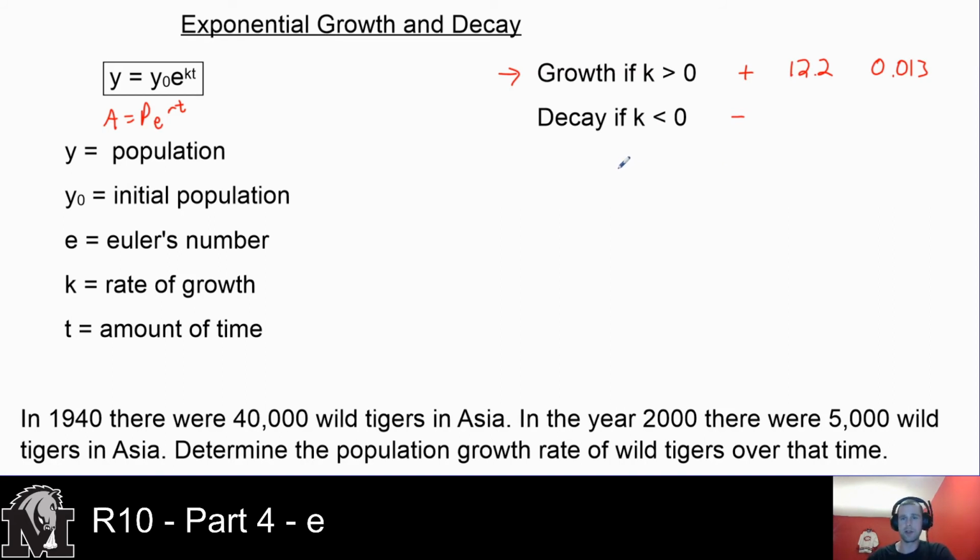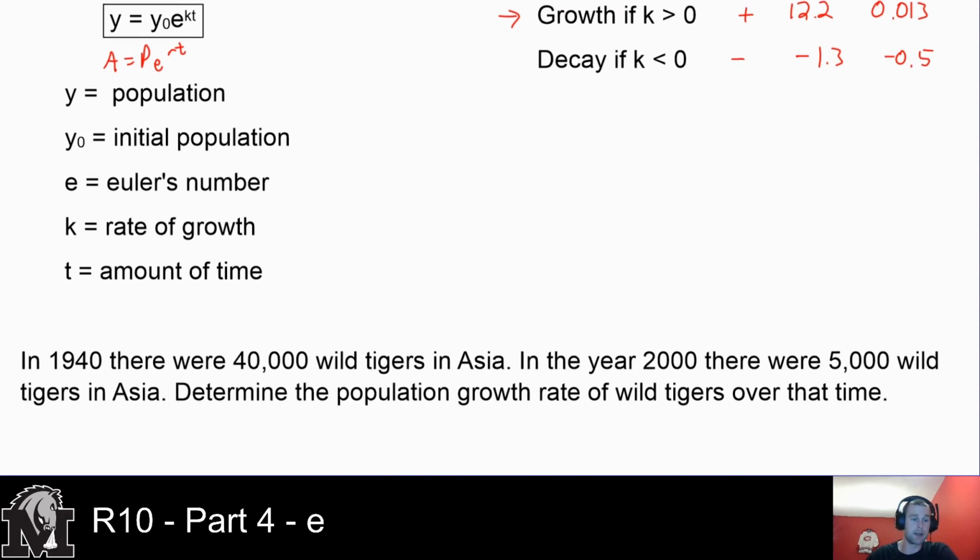So that could be like a population declining over time, or a frequent style of question would be like the half-life of a substance. So we have radioactive material that's getting smaller and smaller. So those would be things like a negative 1.3 or negative 0.5, that sort of thing. So if your k value, your rate is negative, then we are getting smaller.